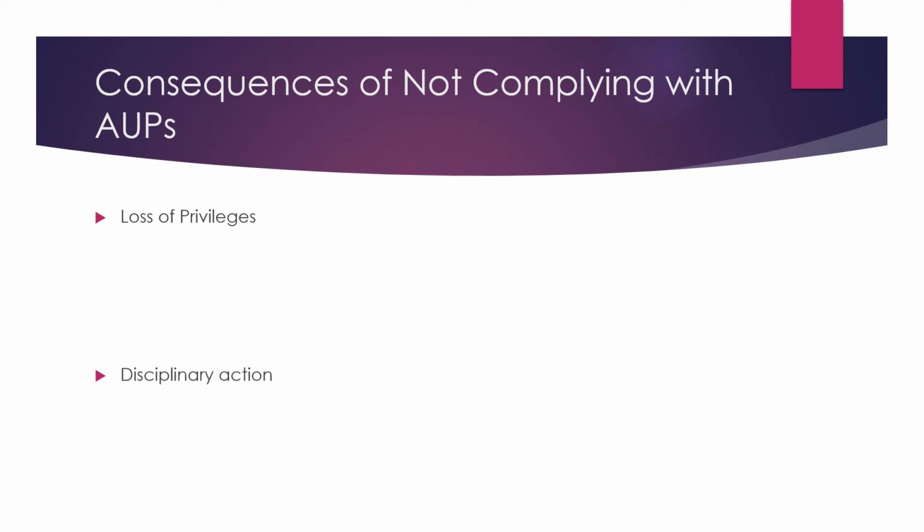Worse yet, there could be disciplinary action of one kind or another of varying levels of severity. It's not uncommon in extreme cases for people to be terminated from their jobs or have their education terminated. So the consequences of not complying with an AUP are very severe.